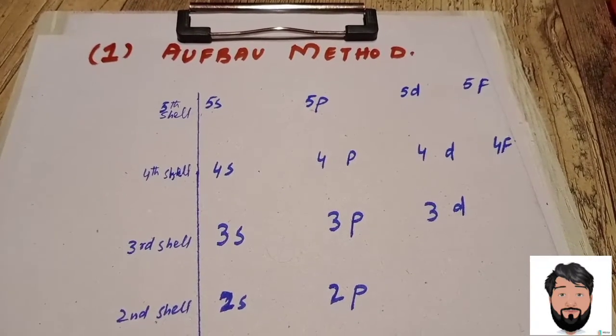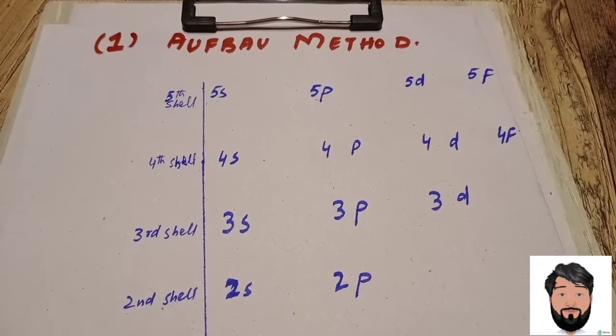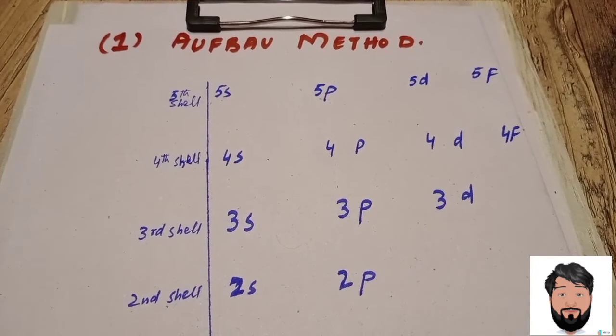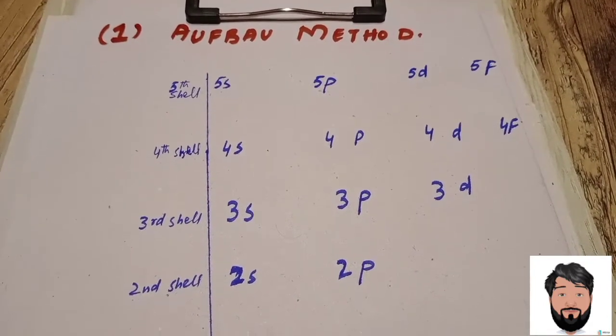Aufbau is a word which means to build up, to set electrons according to their energy.